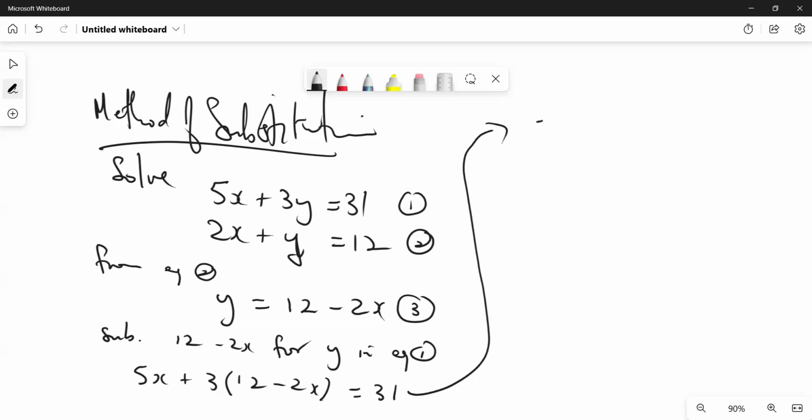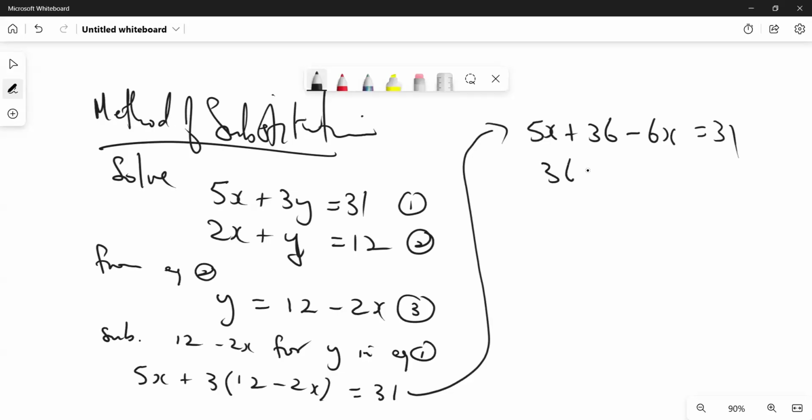can write that as 5x plus 3 by 12. We're removing the bracket now, right? 36 minus 3 2s is what, 6x equal 31, right? And then we can do what here?